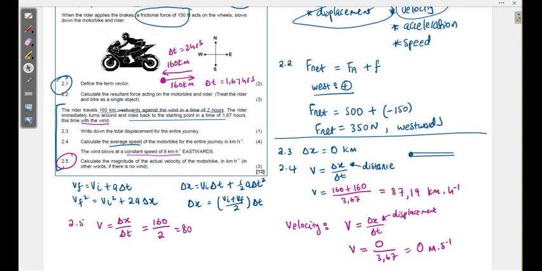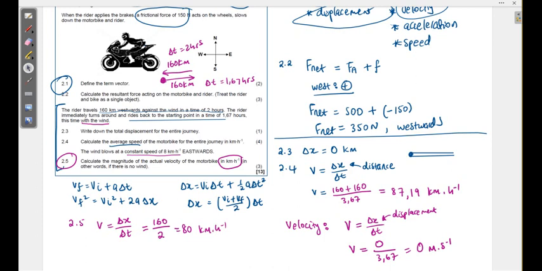So that should give us 80. Sir, if it's 2 hours, don't you simplify to make it 120 minutes? In this case we don't do that because they said in kilometers per hour.